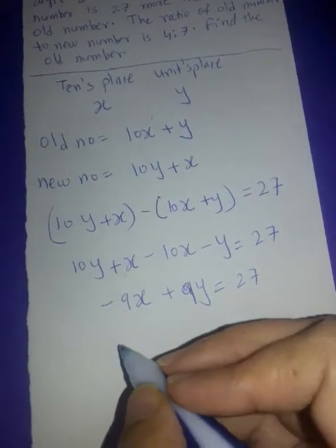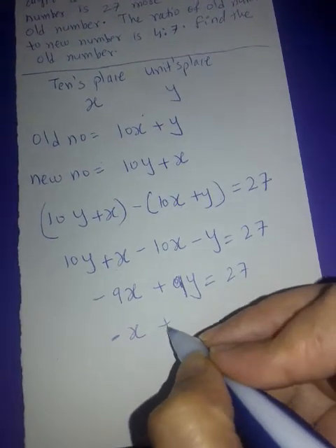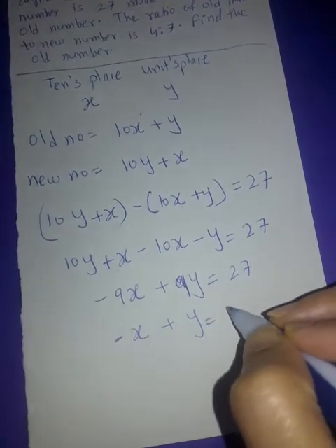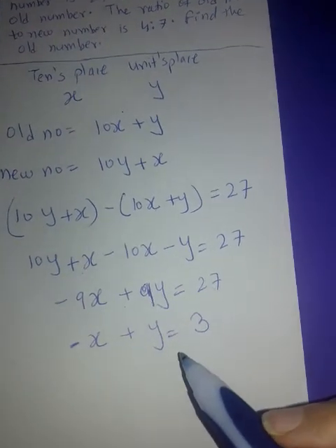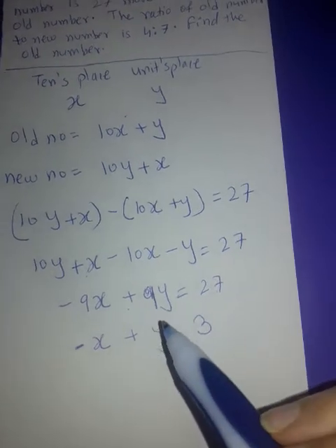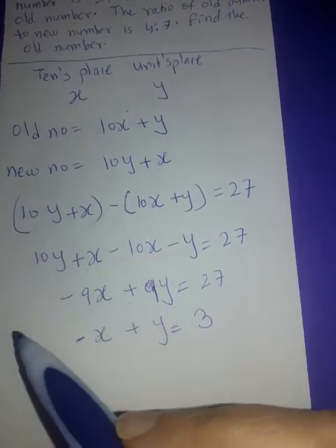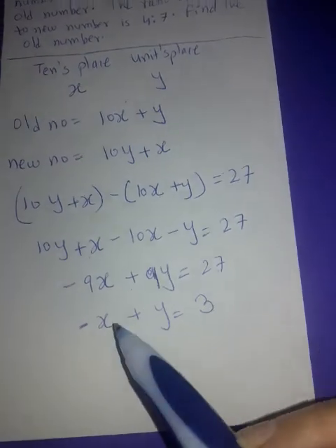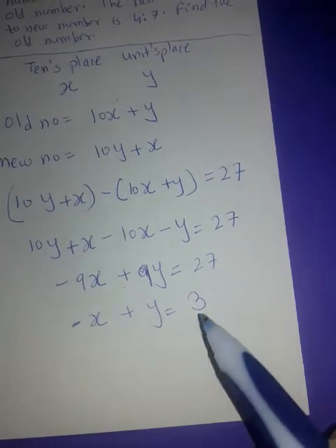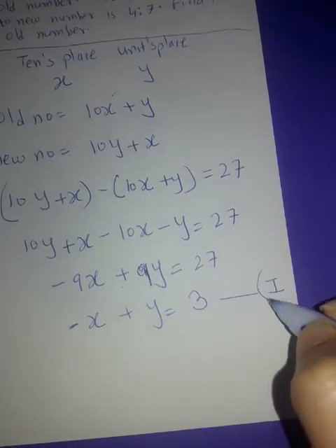When I divide minus 9x by 9, I get minus x. Here I'll get y, and here I'll get 3. I have divided the left hand side and right hand side by 9. Getting it? So what I basically did is I took 9 outside as a common factor and I divided both sides by 9. So I get minus x plus y is equal to 3. I will call it equation number 1.